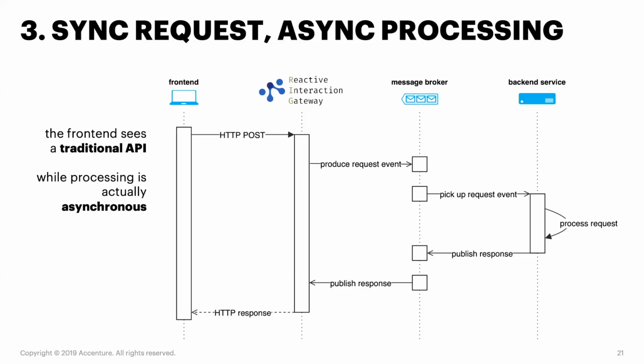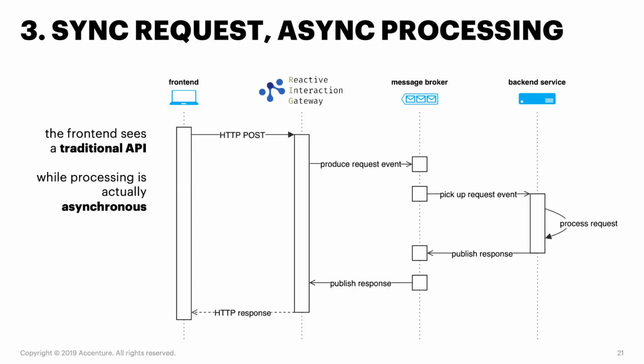When an external client or frontend sends an HTTP request to RIG, I call Reactive Interaction Gateway RIG for short, RIG produces a message representing this request to a Kafka topic, adding a correlation ID to it. A microservice picks up the message and does some processing. When processing is complete, the microservice produces the response to another Kafka topic, retaining the correlation ID from the original request message.